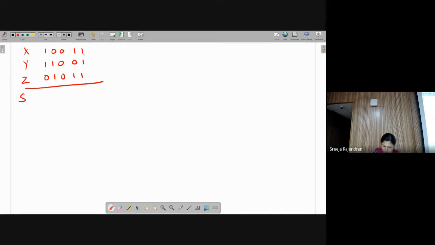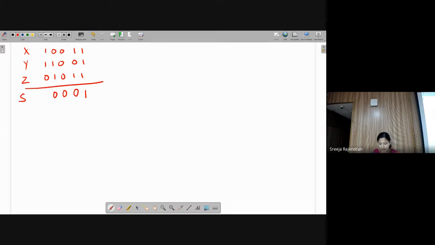So here 1 plus 1 plus 1 will give me 1 1, right? That means sum is 1, carry is 1. But I don't take the carry into consideration. I'm only concerned about what is the sum generated. Then next one, 1 plus 1 gives me 1 0. So 0 is the sum. 0 plus 0 plus 0, 0 is the sum. 1 plus 1, it's 1 0.